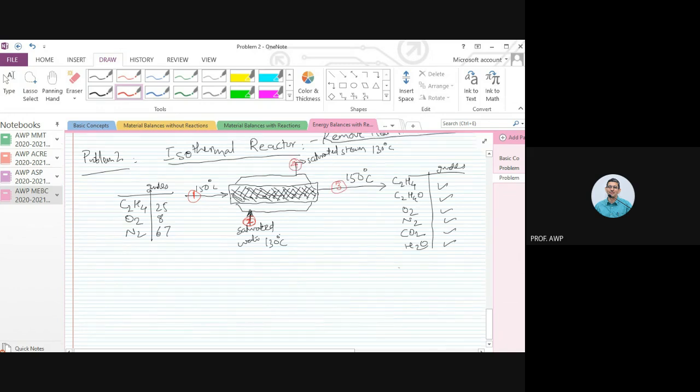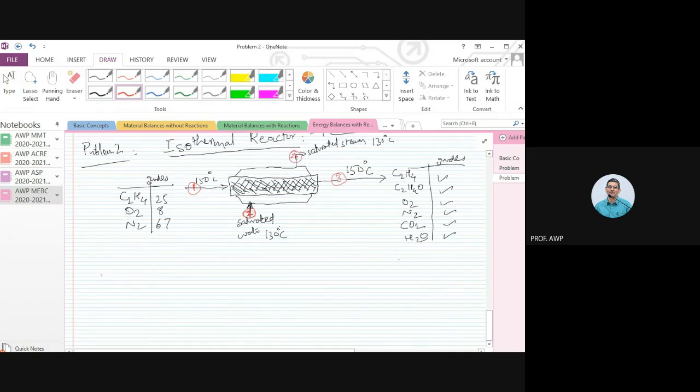Now what enthalpy balance would we write? Enthalpy coming in from stream 1 plus stream 2 plus enthalpy generated by reactions. Now the reactions are happening at 150 degrees centigrade. There is no doubt about it because it is isothermal.